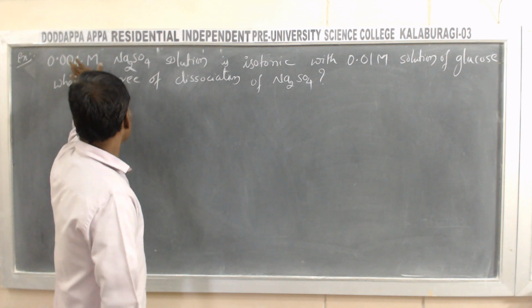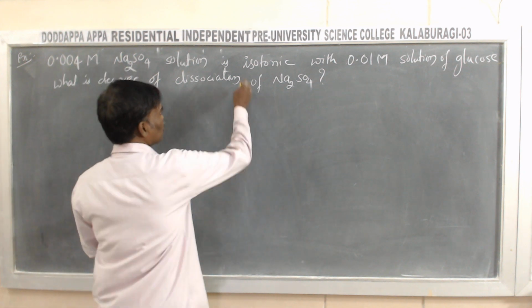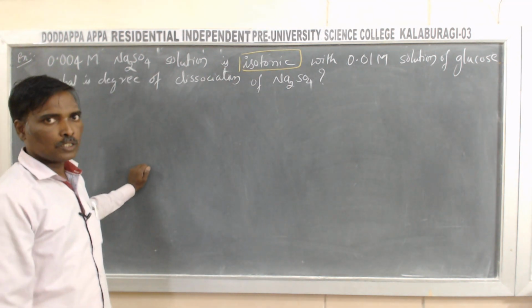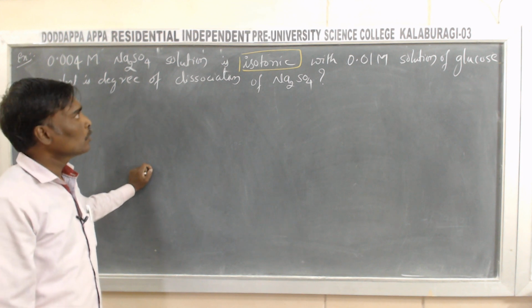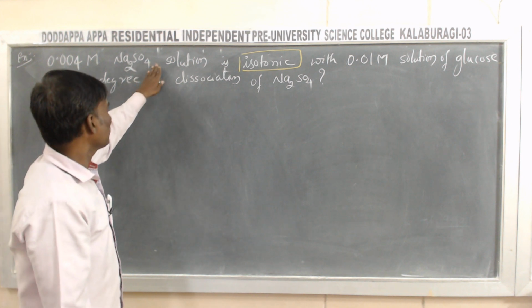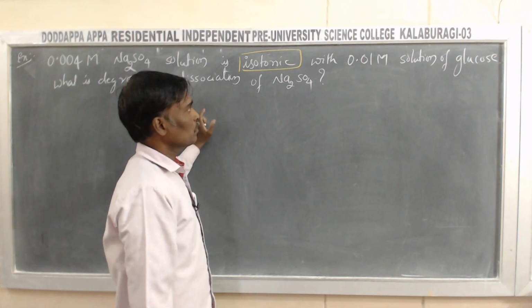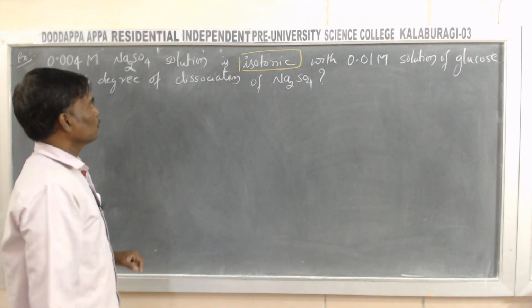They have given only the concentration of these two solutions, and mentioned that these two solutions are isotonic. Isotonic solutions are a type of solutions whose osmotic pressure is equal. So here the osmotic pressure of both the solutions is equal, even though the concentration is different, because they are isotonic with each other.